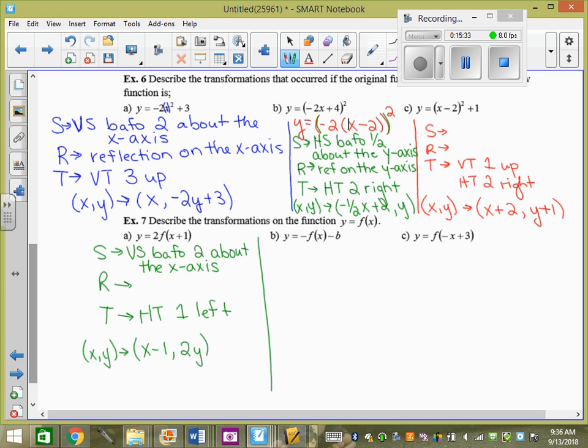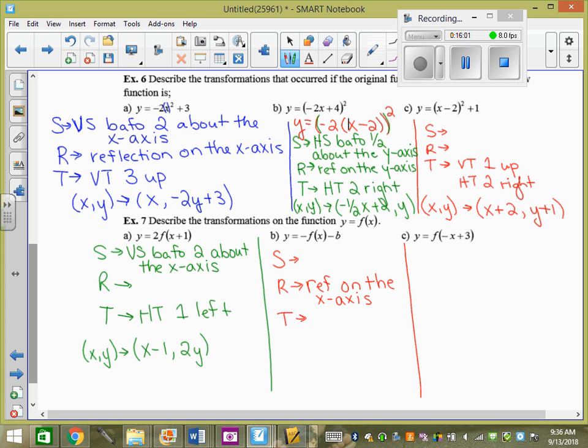B. What's going on in B? Do I have any stretches? Any stretches? Nope. Any reflections? Yeah. The negative in front makes me have a reflection. So it's a reflection on the, yeah, because it's with the y, x-axis.